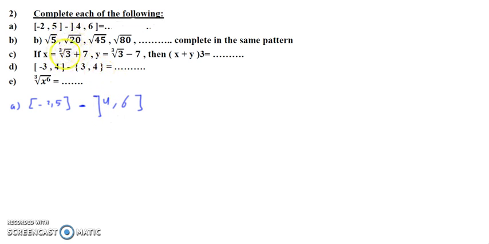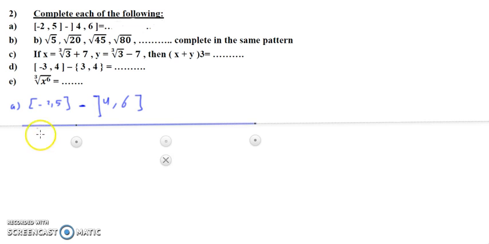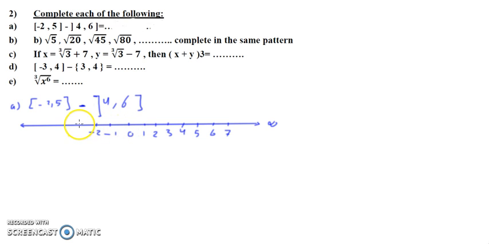In order to solve this problem, it's better to draw the number line. So this is 0, 1, 2, 3, 4, 5, 6, 7, and so on, and negative 1, negative 2, negative 3, negative 4, so on to negative infinity.